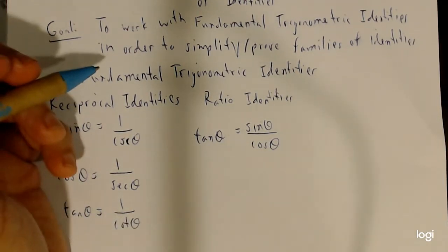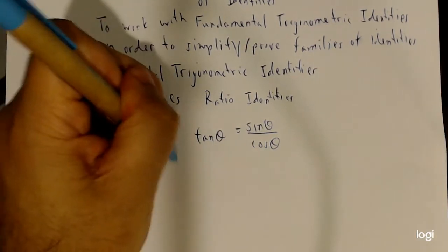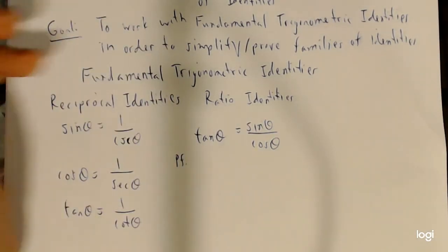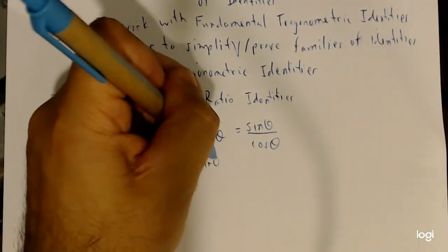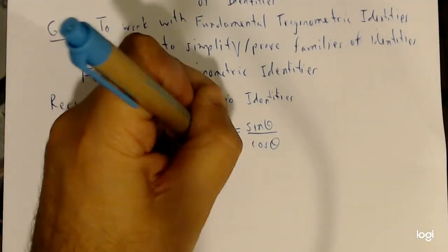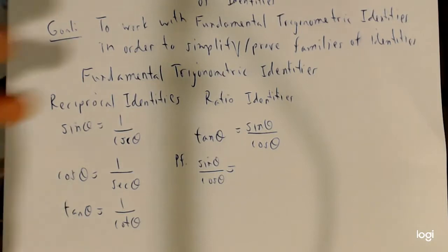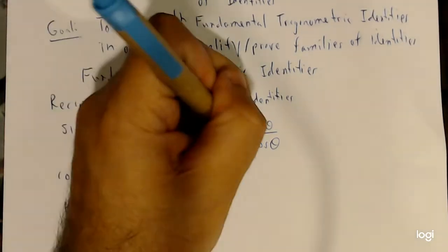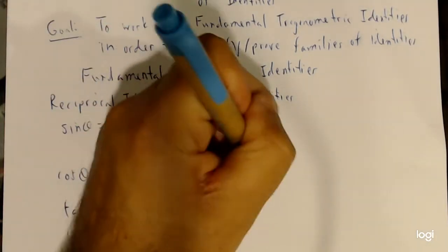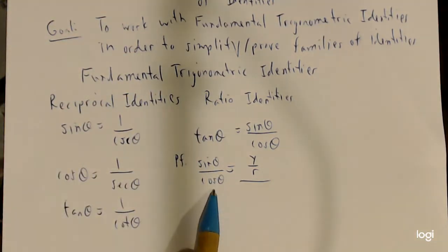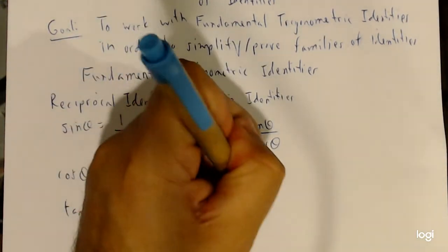So here's one way we can prove it. If we start with sine of theta over cosine of theta, you'll notice that by definition, what's sine of theta? From last section, we learned that sine of theta is y over r, divided by cosine of theta, which is x over r.